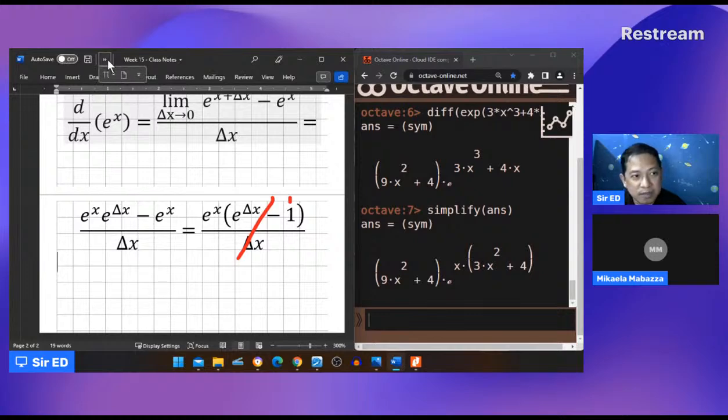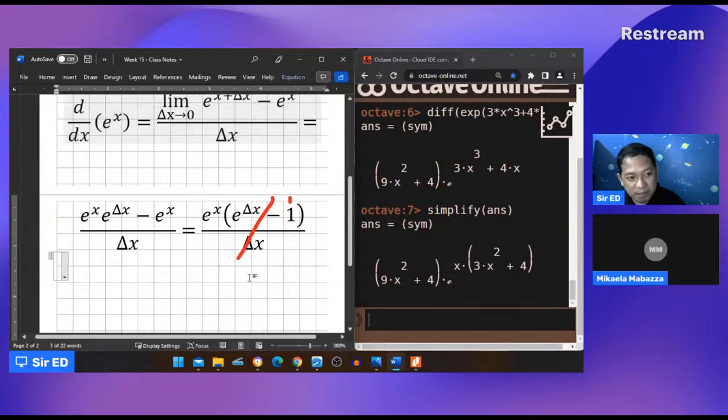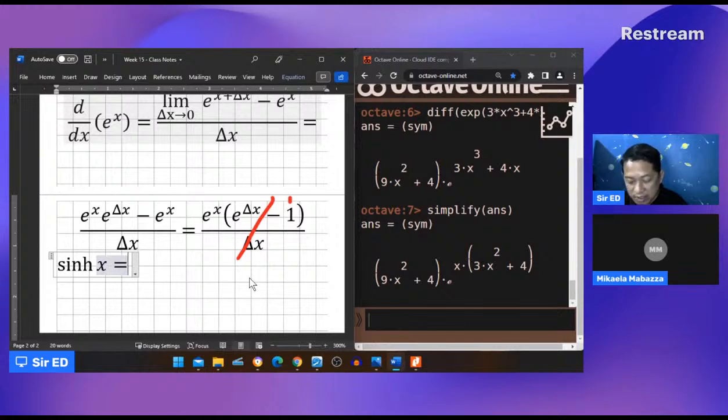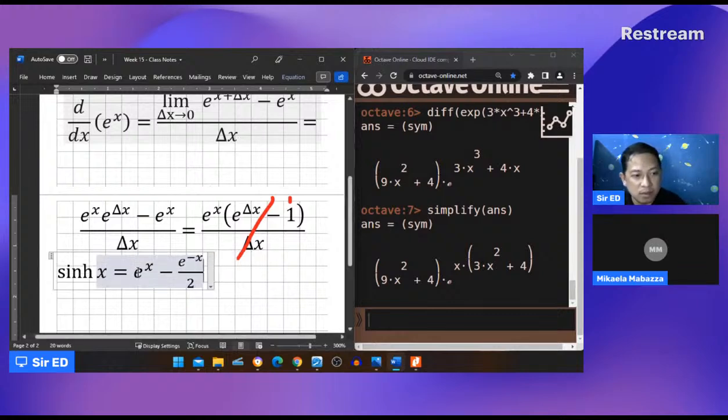So perhaps I would also write hyperbolic sine of x is equal to, and this is a general theory, no? e raised to x minus e raised to negative x over 2. That's hyperbolic sine. Kaya mas madali mong ma-substitution na mangyari dito.